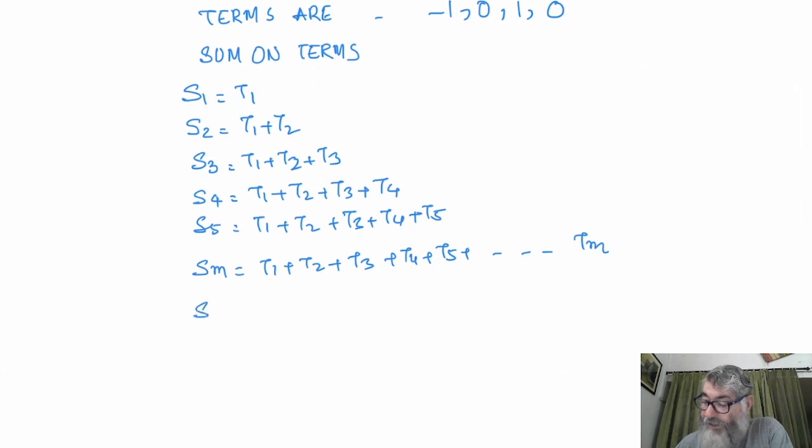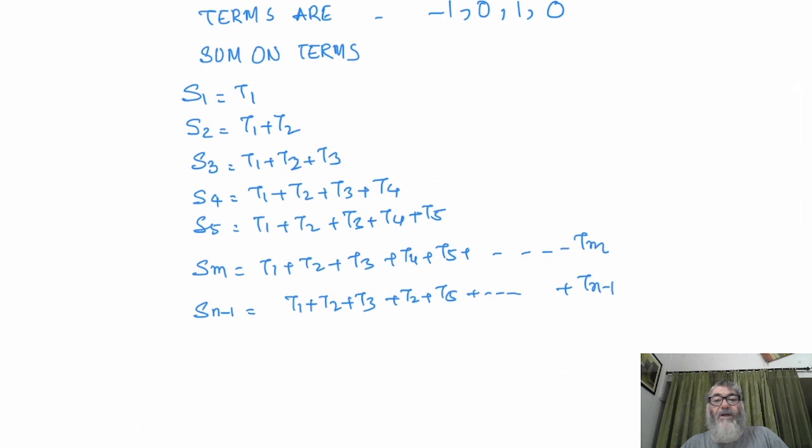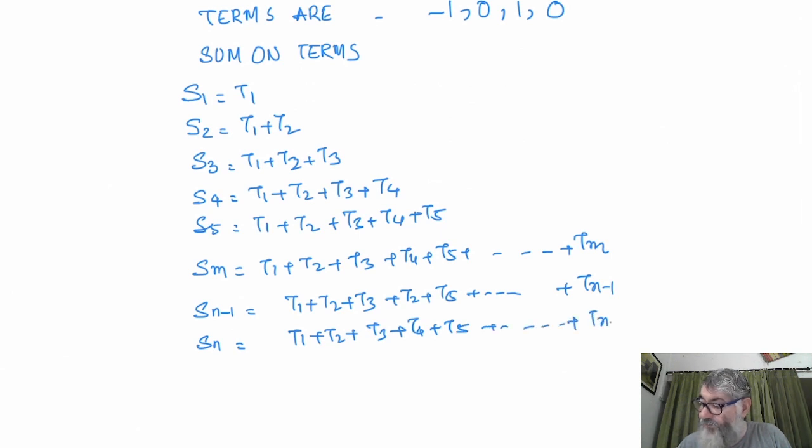Then if it is Sn minus 1, it is T1 plus T2 plus T3 plus T4 plus T5 plus up to Tn minus 1, the n minus 1th term. And Sn will be T1 plus T2 plus T3 plus T4 plus T5 plus Tn minus 1 plus Tn, because it is Sn, so it will go till the Tn term.